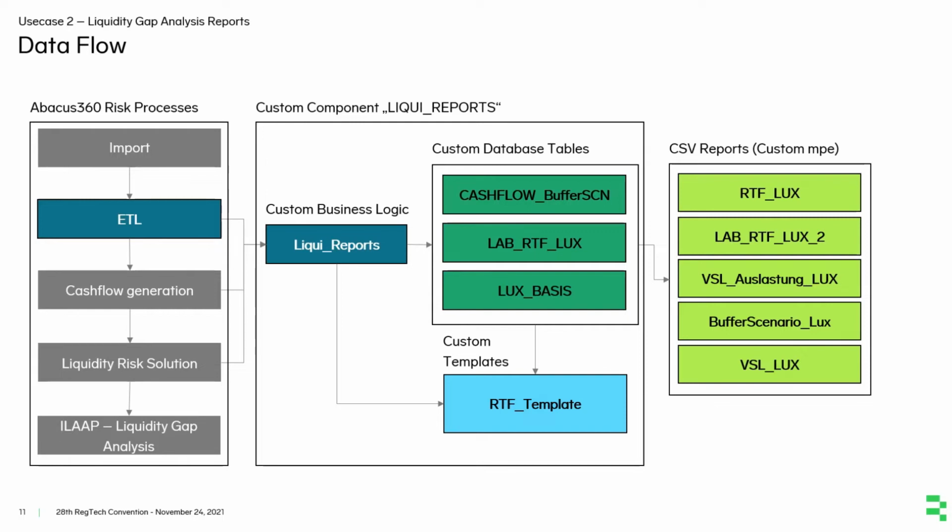The liquidity reports component also uses result data tables that were calculated to fill the ILAP templates. The business logic of the component mainly filters and aggregates these cash flows and does that for different product types or currencies. Some of the functional units prepare the data for the standardized RTF template.